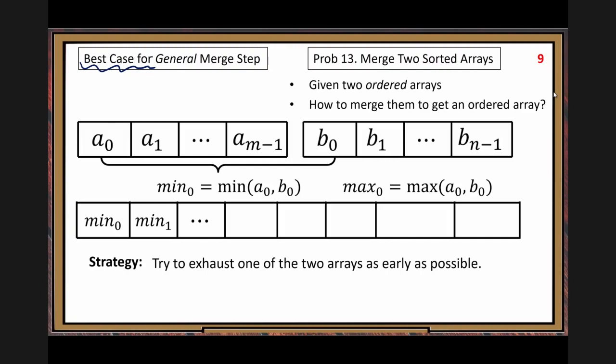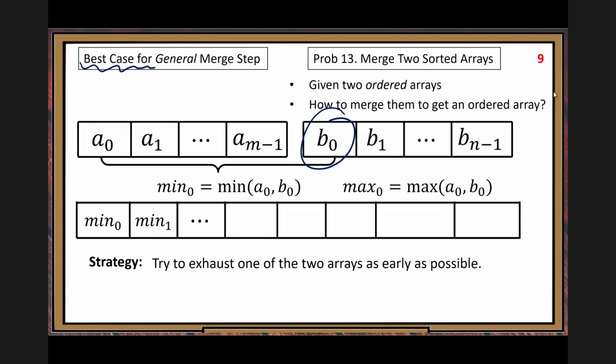We run out of elements for one of the subarrays as early as possible. We want the fastest way to put all the elements of one of the subarrays in place. Think about it. One possibility is that B0 beats all the elements in the A subarray: B0 is greater than all elements in the A subarray.